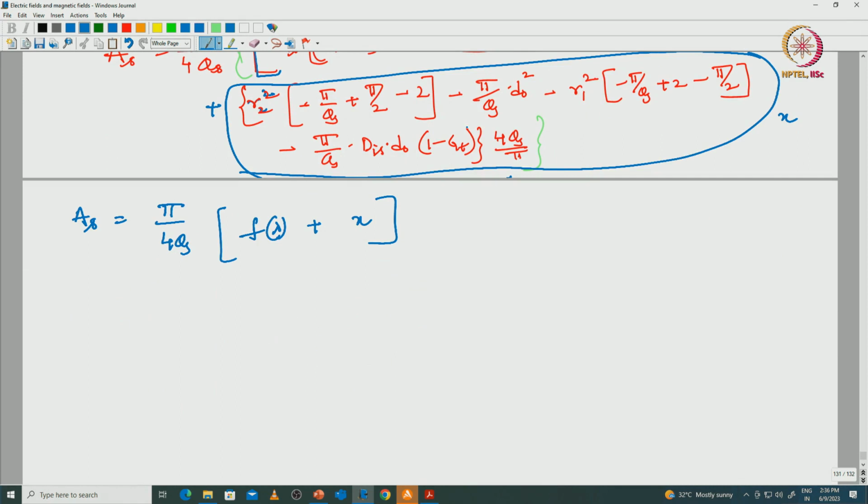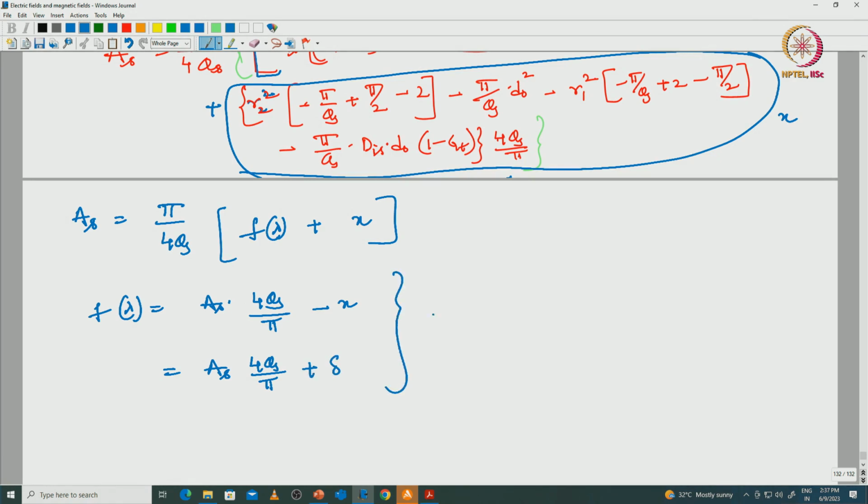Then f of lambda is equal to as into 4 qs by pi minus x will come. So, minus x term I am replacing with plus delta. As into 4 qs, qs is the number of slots, by pi, minus x I am replacing with plus delta.